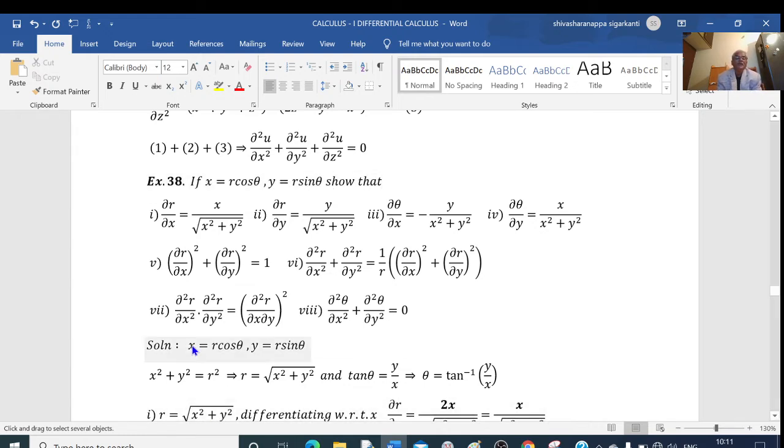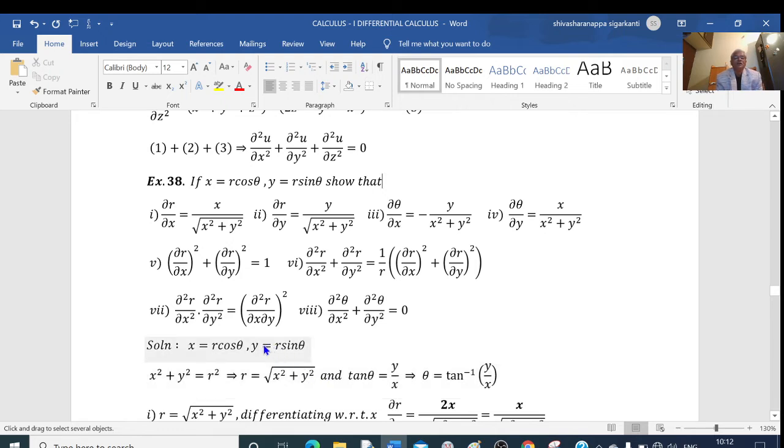Here, x equal to r cos θ, y equal to r sin θ. Squaring and adding, I am getting x² plus y² on the left hand side equal to, on the right hand side, r² cos² θ plus r² sin² θ. That is r² into (cos² θ plus sin² θ), that is r² into 1. So, x² plus y² equal to r². What this implies here is r can be written as root of x² plus y².